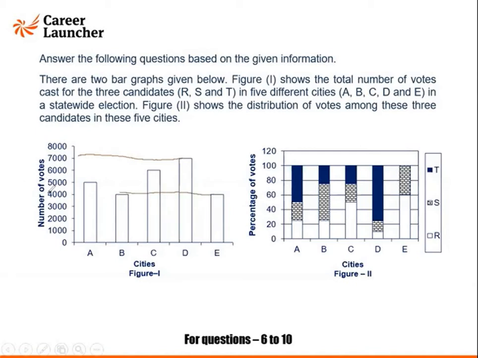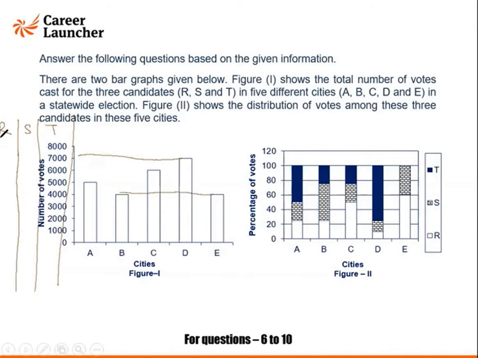Now the percentage of votes that is received by 3 people, R, S and T. We need to mark their percentage votes. I'm writing these values over here so that, while changing the slide, everything is in front of me.